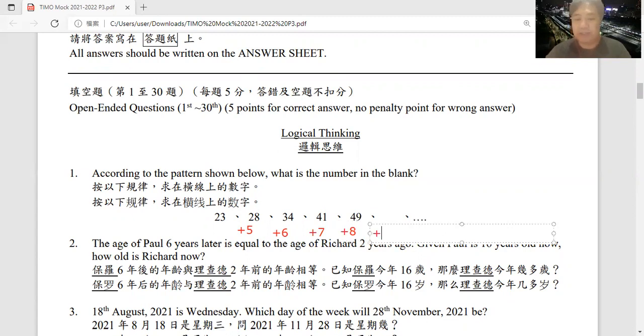So the next one is 49 + 9, which is 58. You just need to calculate the difference or find the pattern, but this time it's very easy, so most of you know the answer. Yes, 58.